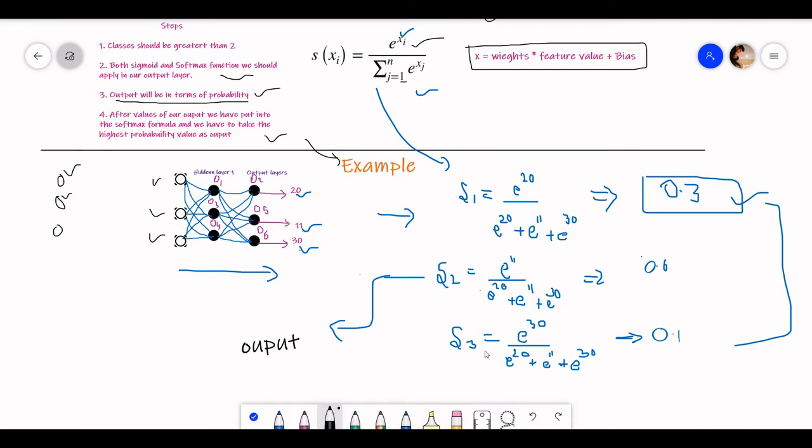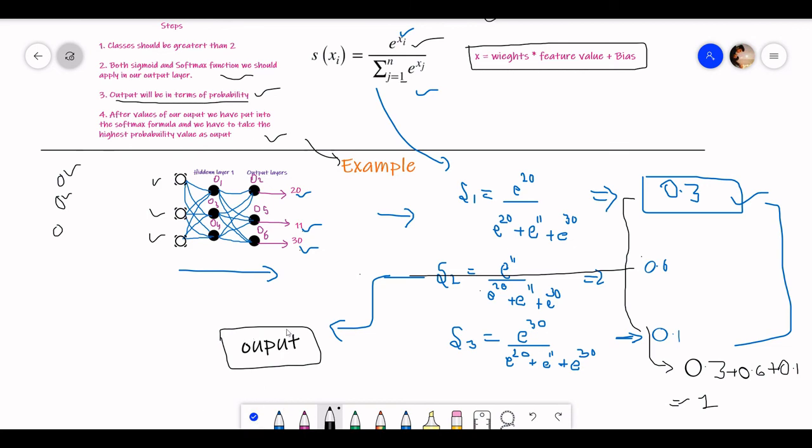If I have to check whether our calculation is right or wrong, we have to sum all these values. If the sum of all these values becomes 1, 0.3 plus 0.6 plus 0.1, it should always be equal to 1, and our highest probability will be taken as our output.